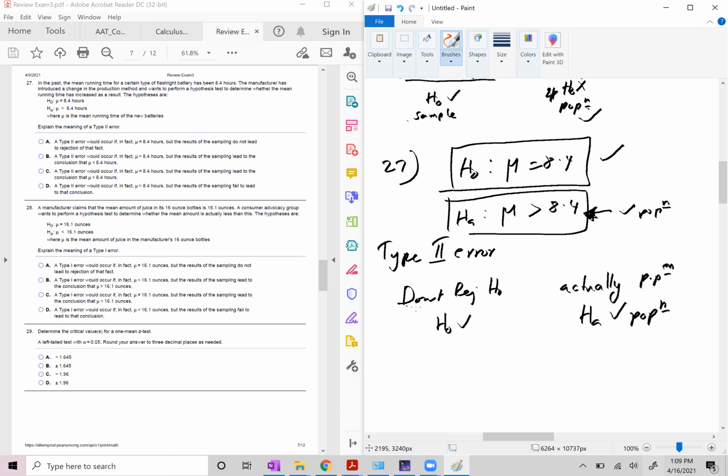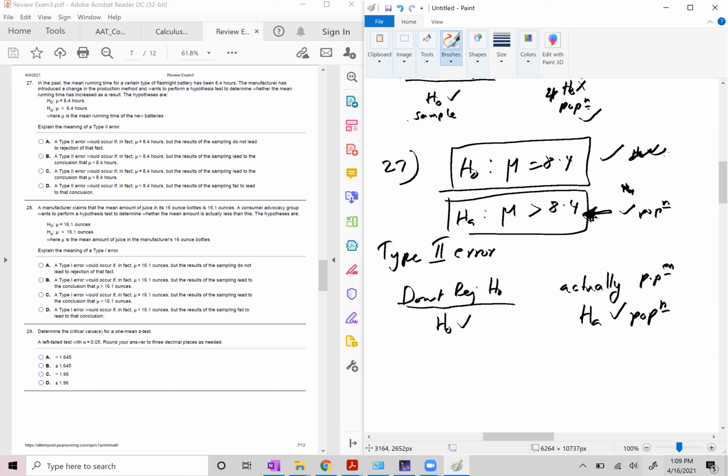Based on the sample we do not reject the null, but actually in the population, the alternative is correct, right? Now let's see which wordings will tell this exactly.